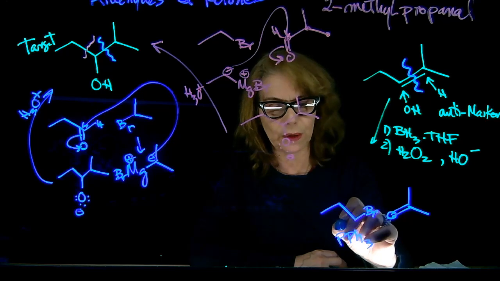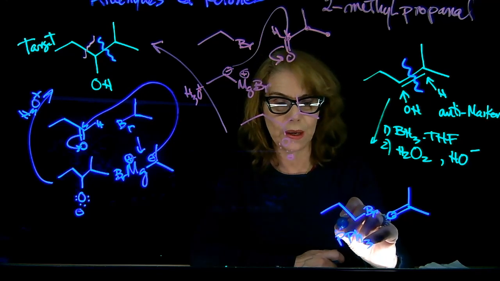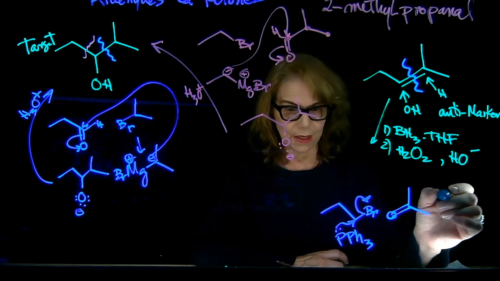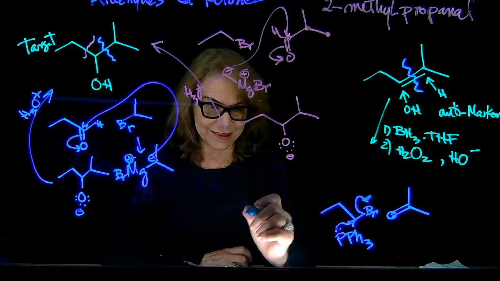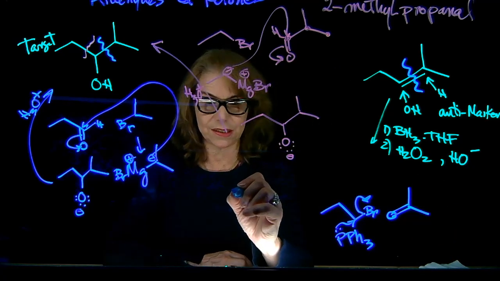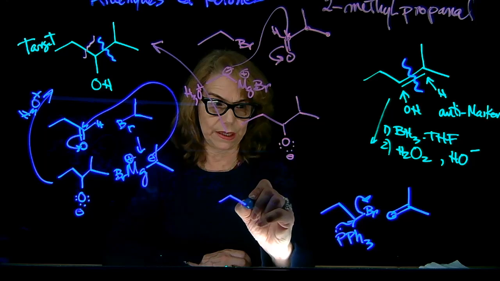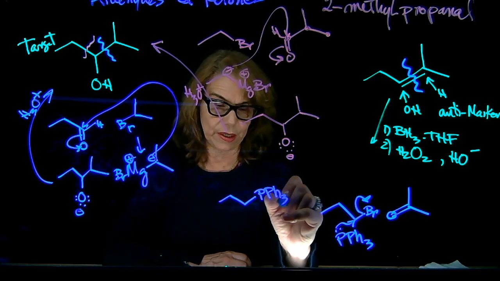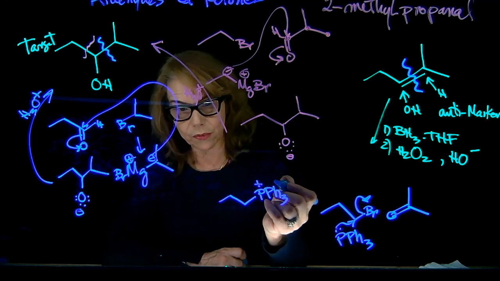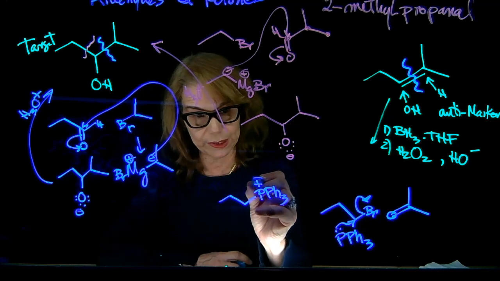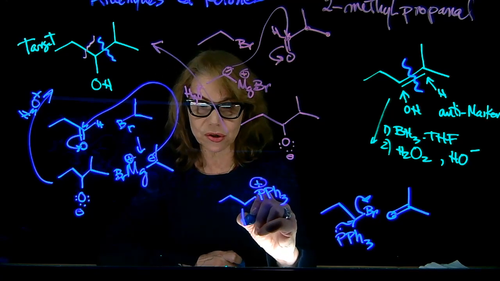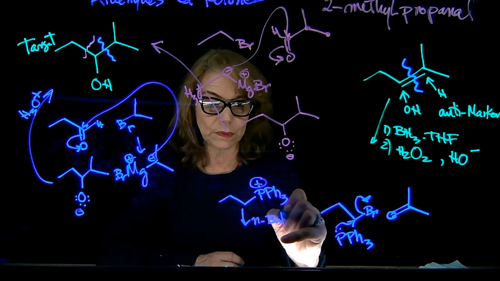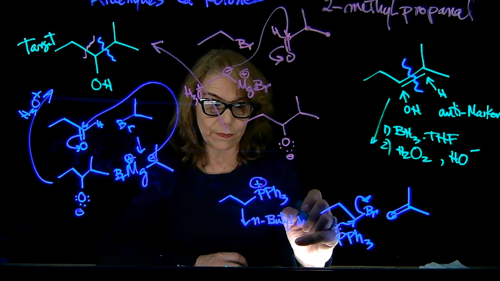So I use triphenylphosphine. The first step involves an SN2 reaction. And so I'm going to write it on the side. After that SN2 reaction, I'm going to make this. And now I have PPh3 and I have a formal positive. Remember that when we do Wittig, we need now to use a strong base such as n-butyllithium.